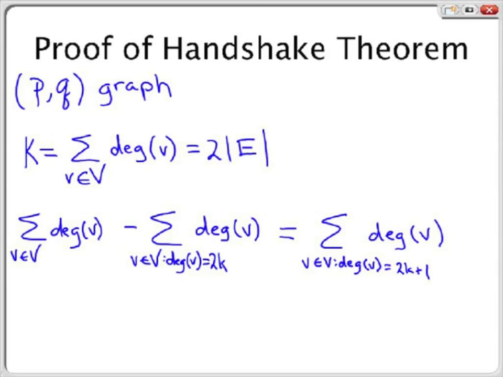From this equation, you will see that this must still be an even number, as it is equal to the difference of 2 even numbers. Since this is a sum of exclusively odd terms, there must be an even number of such terms for the sum on the right side to be even, hence the result.